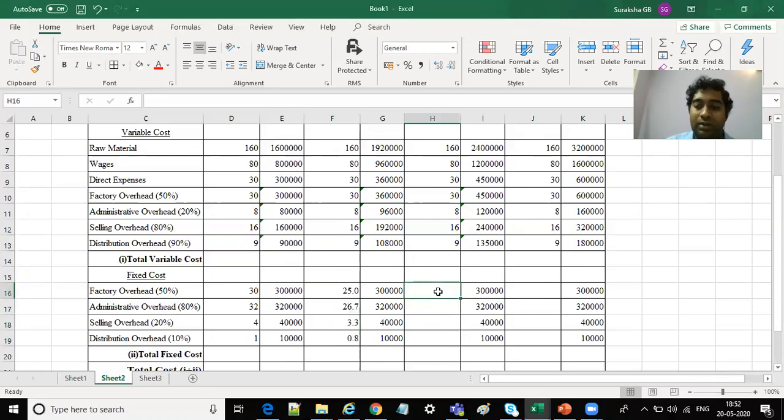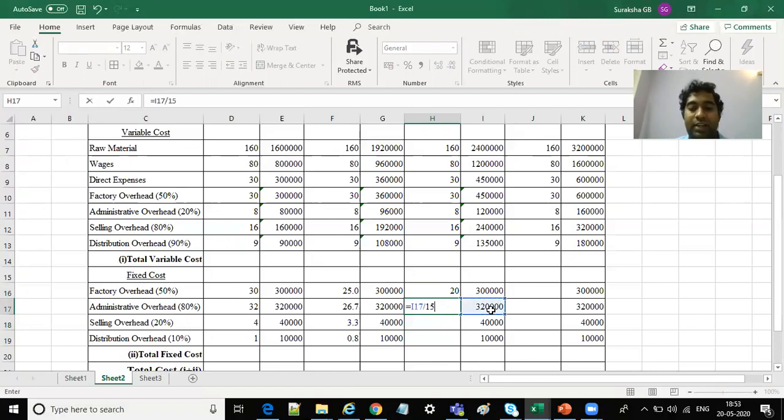As it is in decimals, we'll reduce the numbers. For the next one, the total cost of 3 lakh is divided by 15,000 units. So it will be 20, and the rest of the things we'll check once again. For the next one, 3,20,000 divided by 15,000 is 21.3.